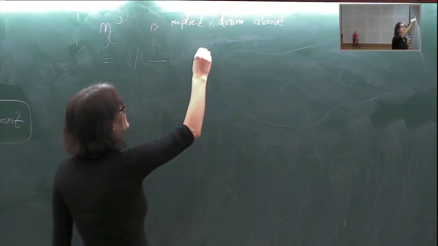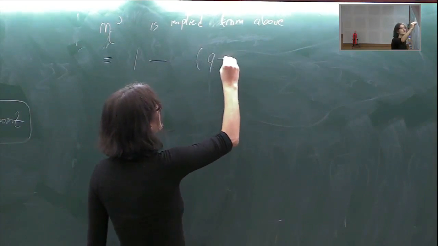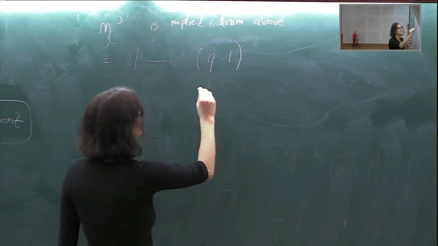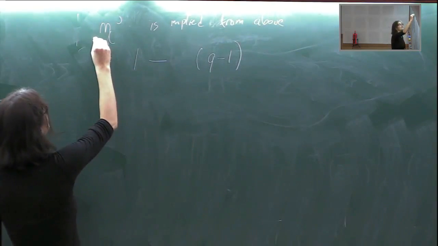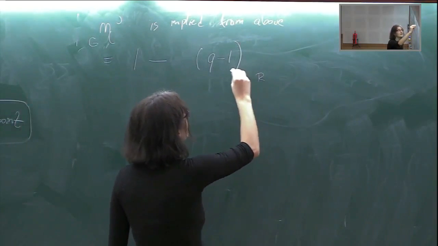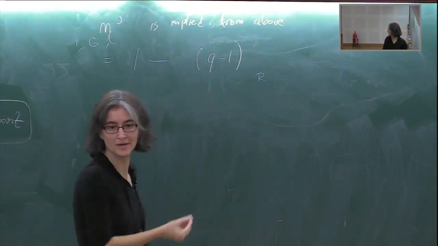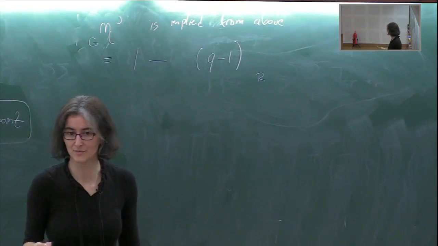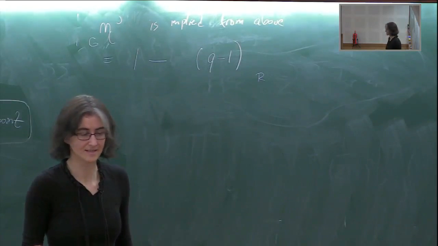Now we were imagining that our root is green, so the color that we choose here, let's say red, but then we need to multiply by q minus 1 because we could have also said blue, and it would have been exactly the same.